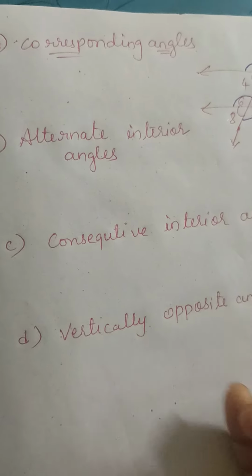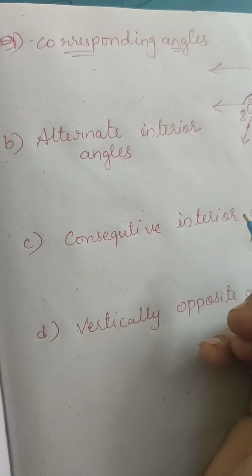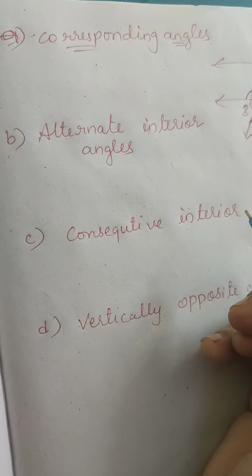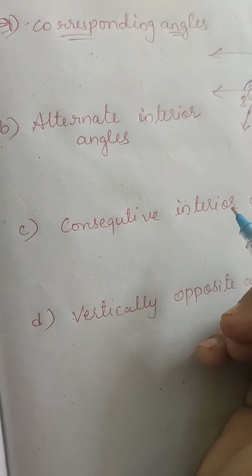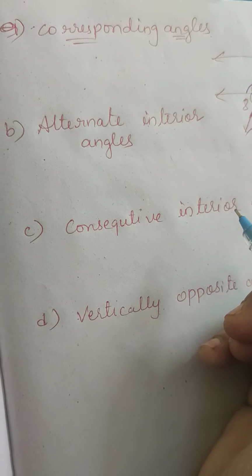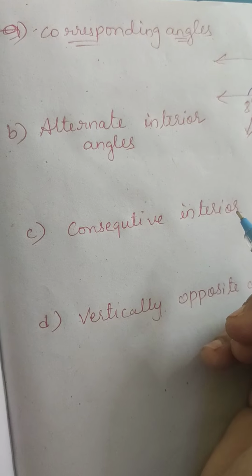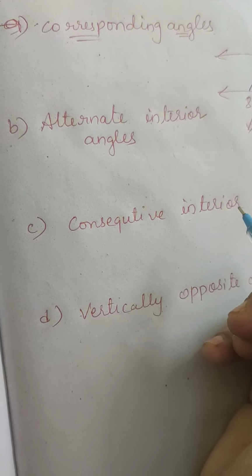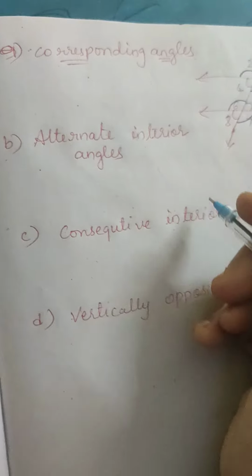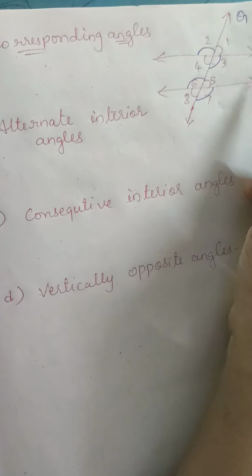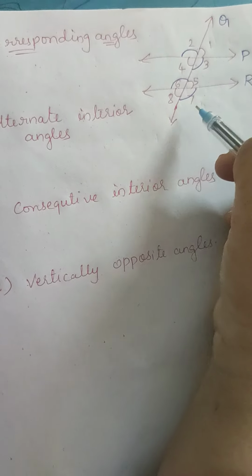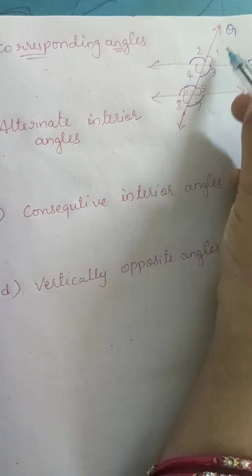Okay students, in the previous video we have seen different angles like complementary angles, supplementary angles, adjacent angles, vertically opposite angles and linear pair. Now here we take two parallel lines P and R, and Q forms the transversal.